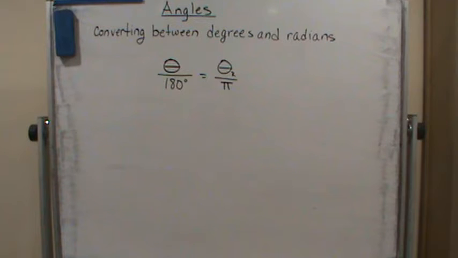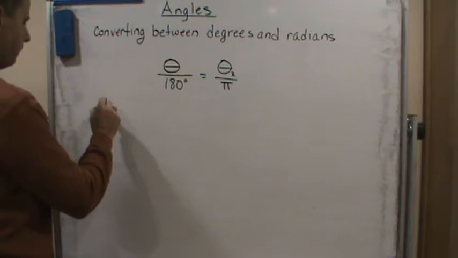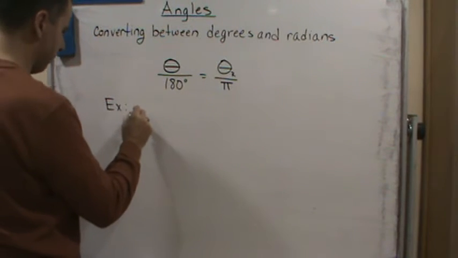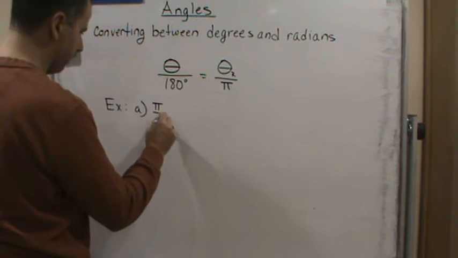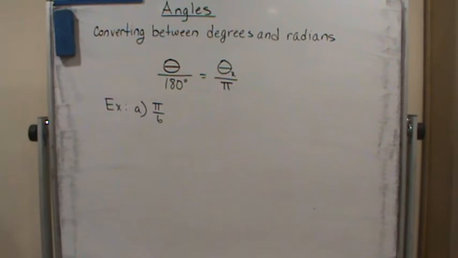Now, let's do some examples. Let's take pi over 6 radians and 3 radians.